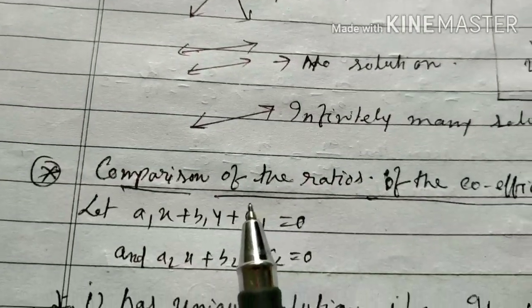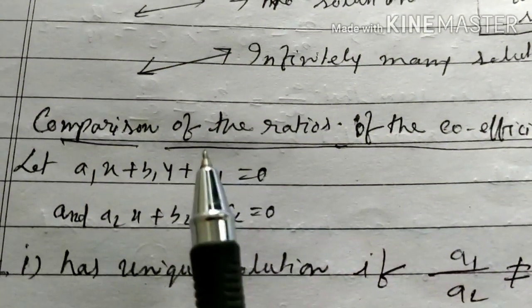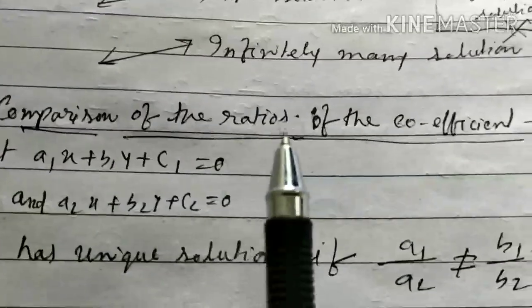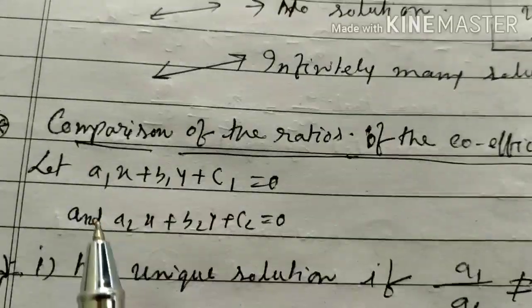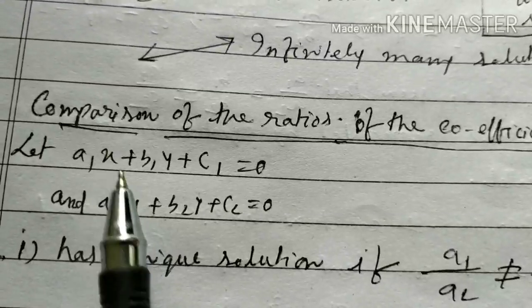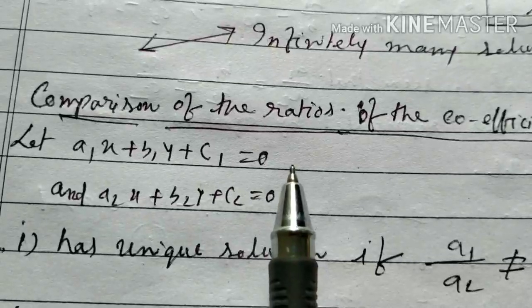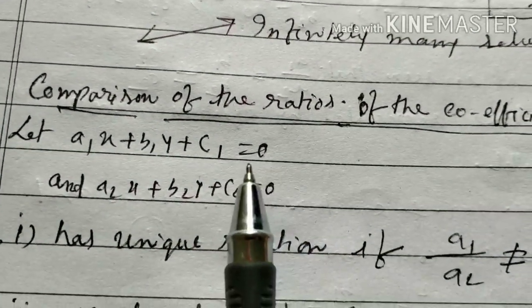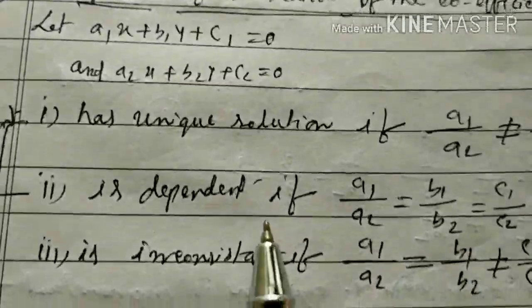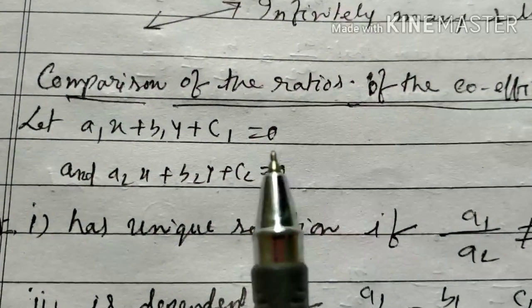Instead of that, in another way we can say whether the given equations are consistent or inconsistent, or having a unique solution or no solution, after seeing the comparison of the ratios of their coefficients: the ratio of the coefficients of x and the ratio of the coefficients of y. Without drawing the graph or solving, just by looking at the equations and comparing the ratios of the coefficients, we can say whether the equations have a unique solution, many solutions (dependent), or are inconsistent.